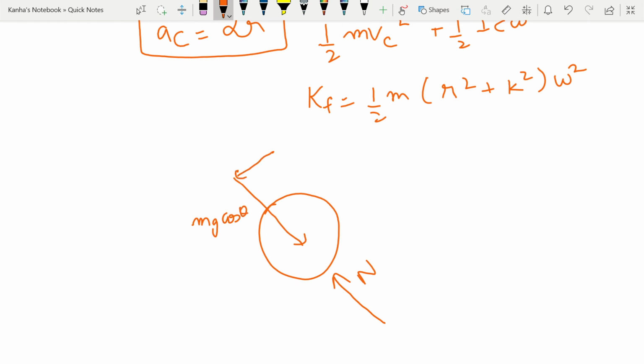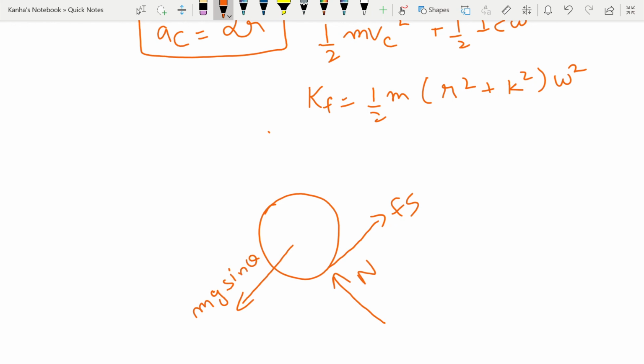Similarly, there will be a mg sin theta in the direction parallel to the incline, and a frictional force acting in the opposite direction. If I draw this more properly, the friction is on the right side, and I have mg sin theta on the left side. I can redraw my normal around here, and my mg cos theta around here. Okay, so your free body diagram is made.